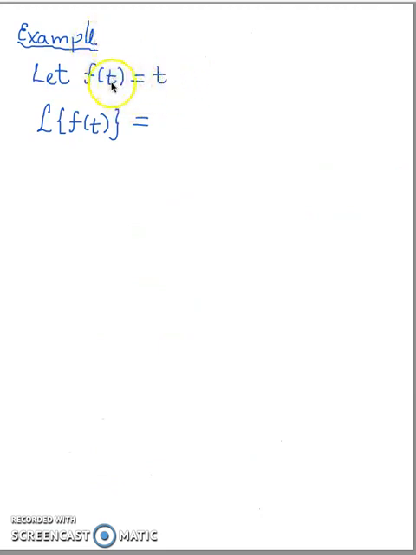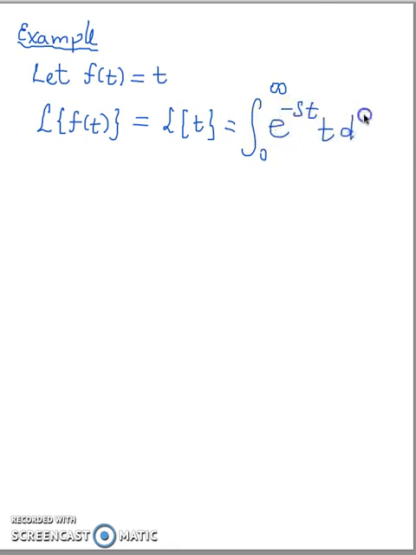The identity line f of t equals t, so the Laplace transform of t would be given by the integral from 0 to infinity of e to the minus st times t dt. So we're going to use integration by parts for this integral.